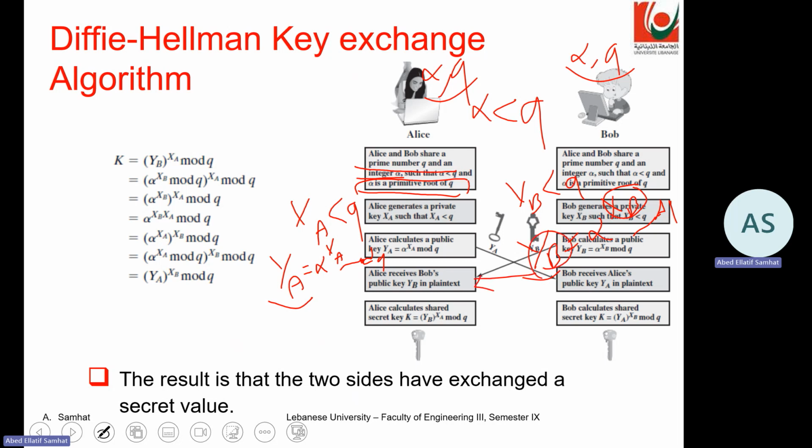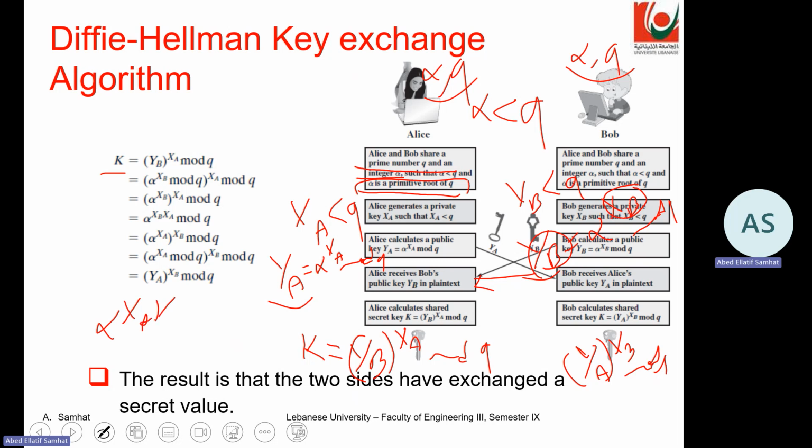When Alice receives YB, she calculates the secret key: YB, received from Bob, to the power XA mod q. Bob calculates YA to the power XB mod q. One can see that the key is the same, because it is alpha to the power XA times XB. It is calculated in both directions, and each of them keeps their secret key without any disclosure. This is the main idea.